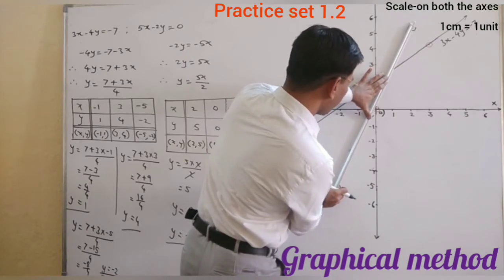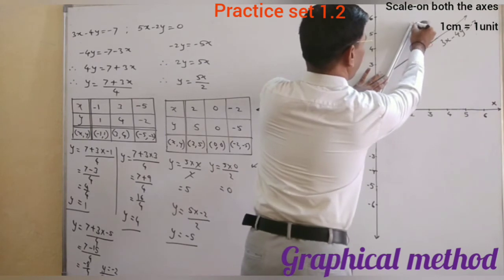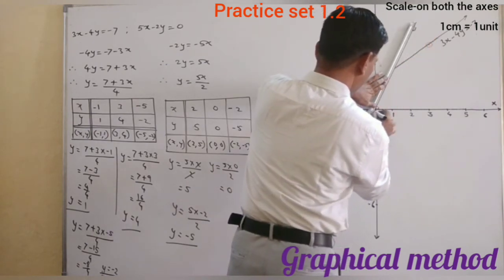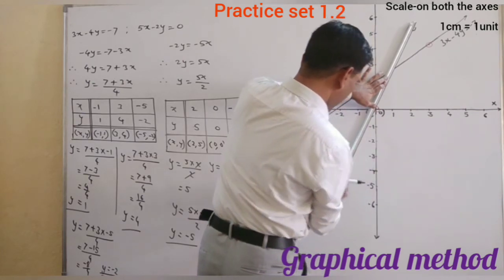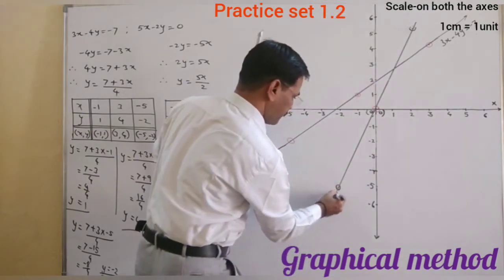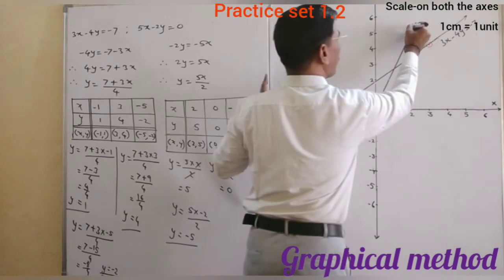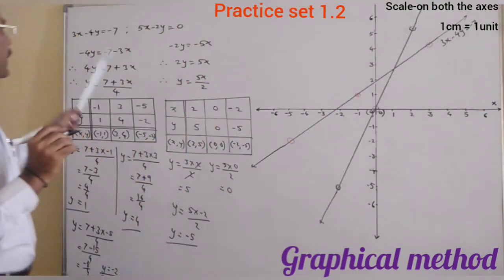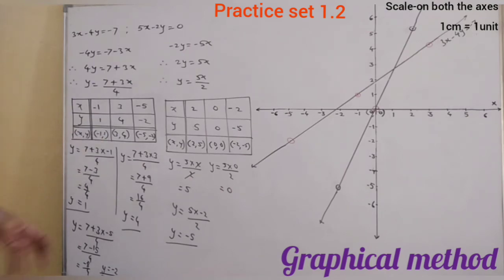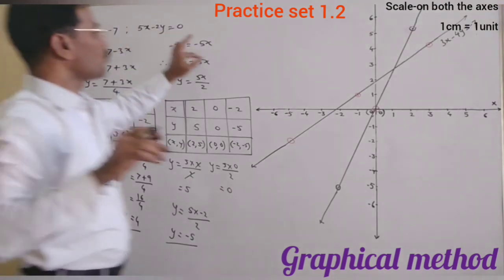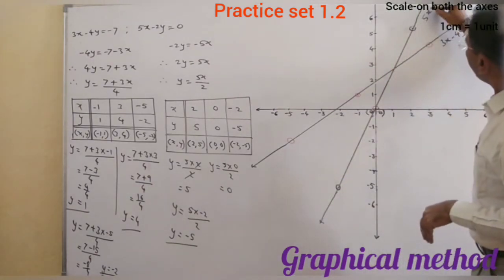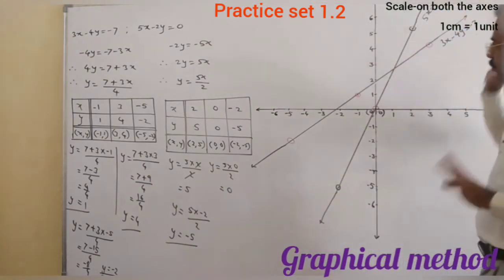Okay friends. See here, this is the required graph. Okay. Now, without forgetting, again write the name of this graph, which is 5x minus 2y equal to 0.